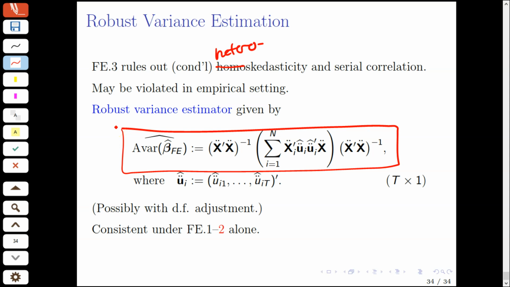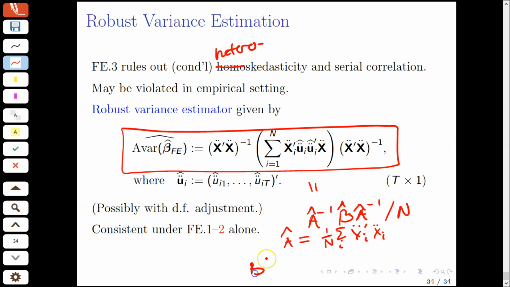In fact, one may see that this estimator is really just A hat inverse, B hat, A hat inverse over N, where we're using A hat as before, but now B hat is slightly more complicated, since we cannot algebraically eliminate B from the asymptotic variance.